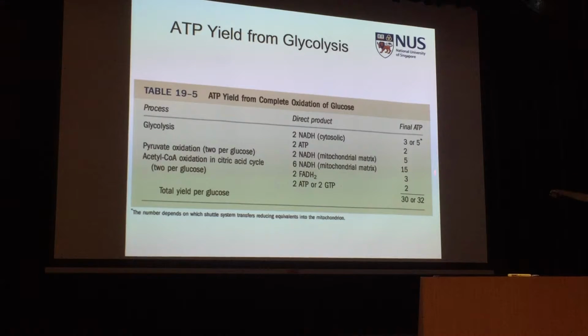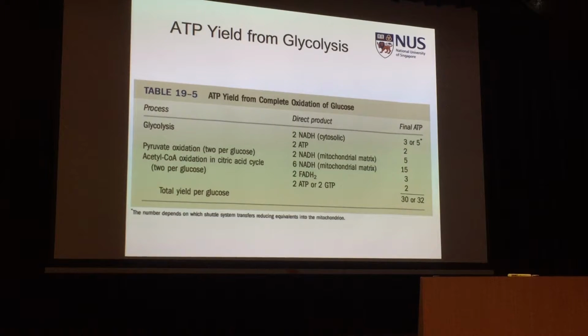So altogether, for each glucose that has gone through glycolysis all the way to the citric acid cycle, complete oxidation, you will get 30 or 32 final ATP for 1 molecule of glucose. That's how we derive it. This is the magic number, 30 or 32.